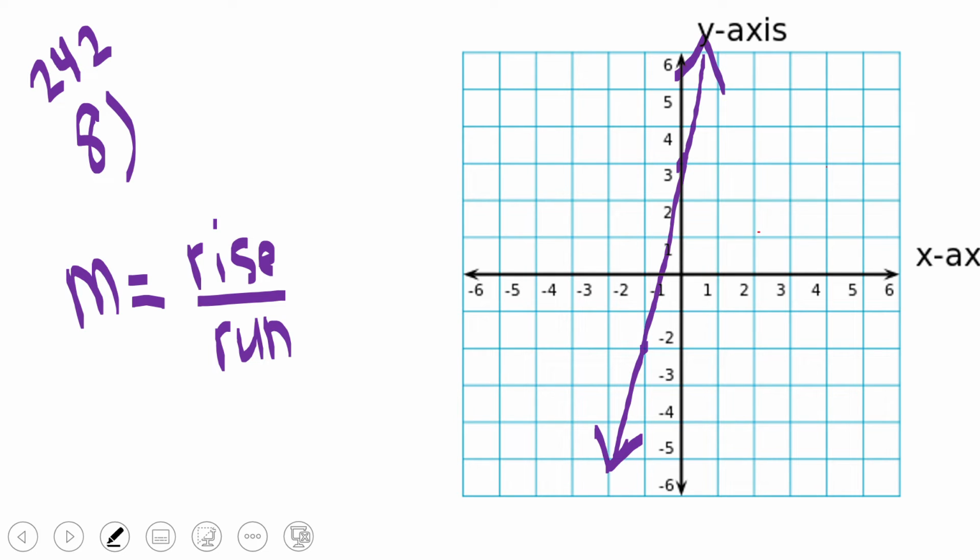And we're going to go through and say, okay, this line crosses this point right here. So I have a rise of 1, 2, 3, 4, 5, and a run, just like a guy running on the ground horizontally. We go across to the right, a run of 1. So a rise of 5, a run of 1.